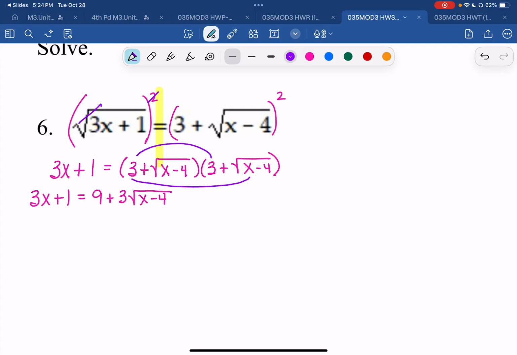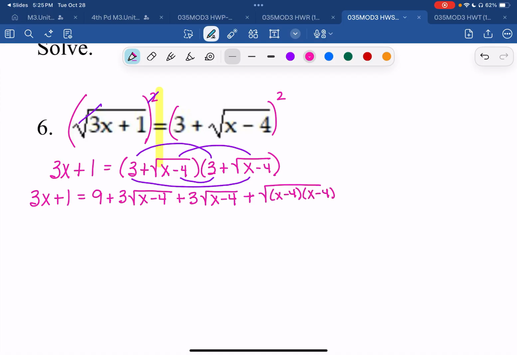Then I'm going to multiply the square root of x minus 4 times 3. So I've got plus 3 times the square root of x minus 4. Last thing I got to do is the square root of x minus 4 times the square root of x minus 4. So that plus the square root of x minus 4 times x minus 4.